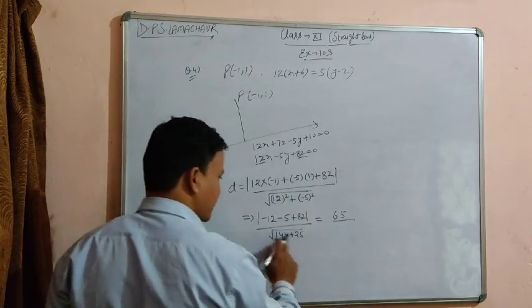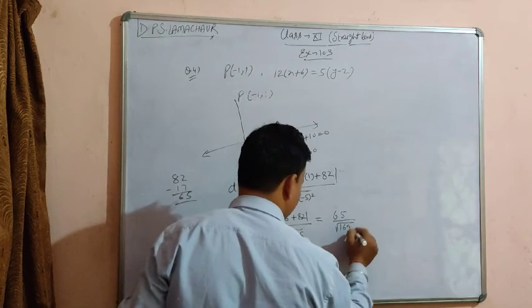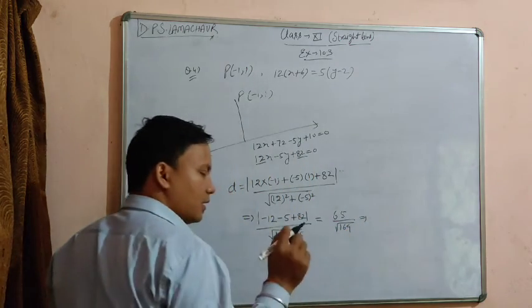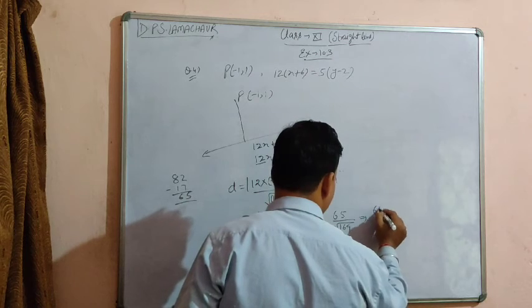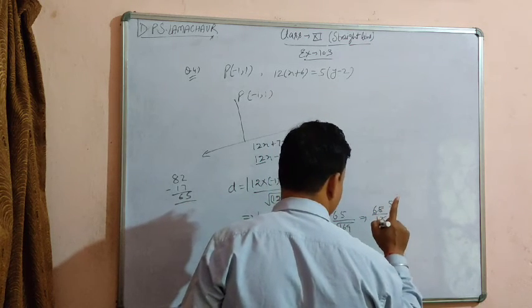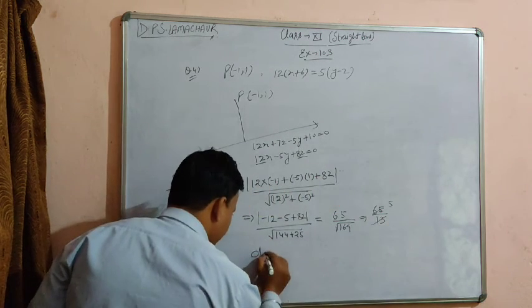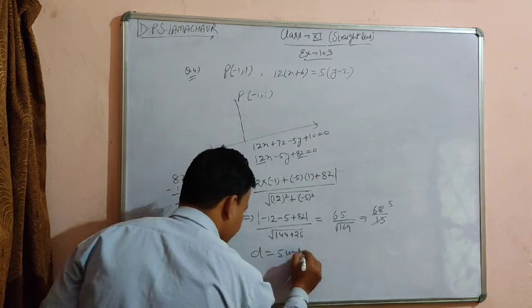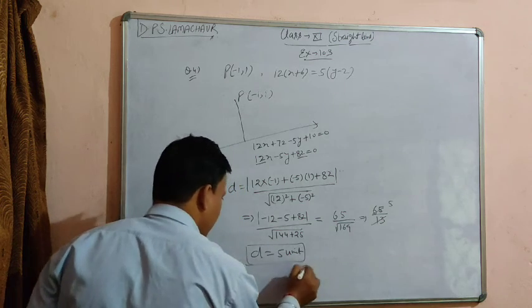Here 144 plus 25 is 169, and the square root of 169 is 13. So this will be 65 upon 13. 13 times 5 is 65, I think. Yeah. So the distance will be 5 unit.